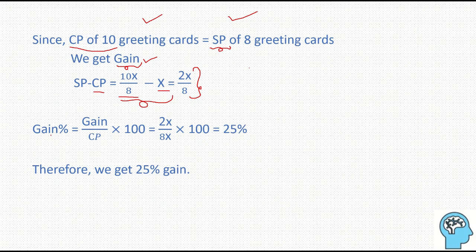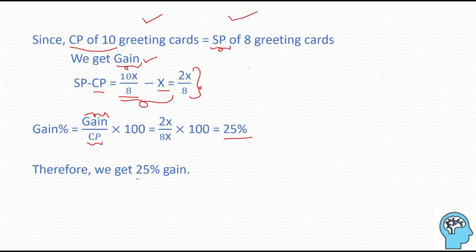And gain percent is calculated as gain by CP into 100, that is x by 4 divided by x, into 100, that is 25%.